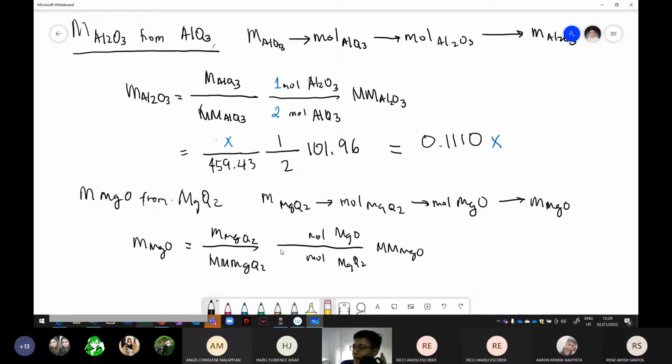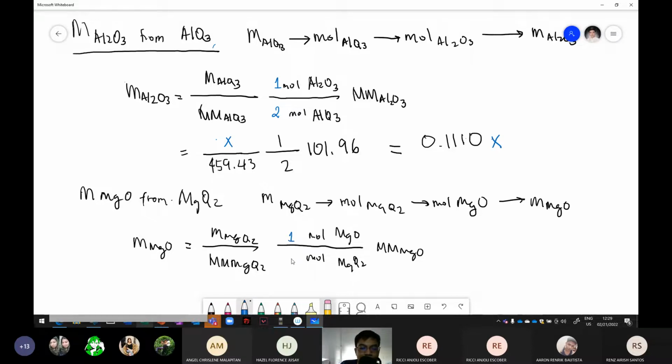Ano yung stoic factor natin? What is our stoic factor? Looking at the formula, what is the stoichiometric factor of magnesium quinoline and magnesium oxide? It is 1/1. Correct. Tama yan.